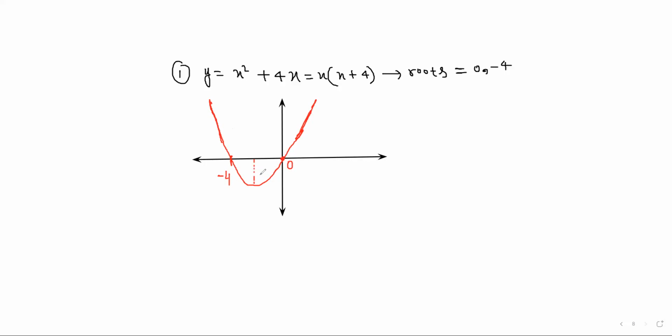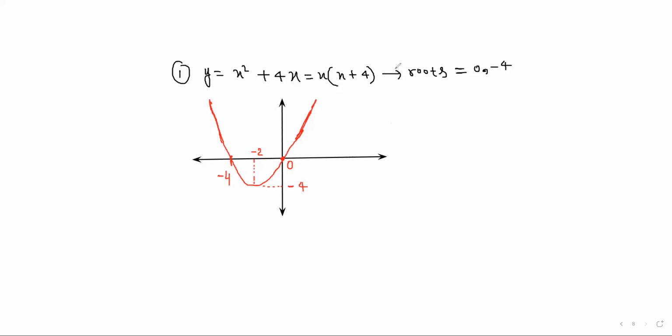Minus b by 2a, so this is minus 2, and this will be minus 4. Minus d upon 4a, yeah, minus 4. Got it now? Done beta? So this is your first curve.